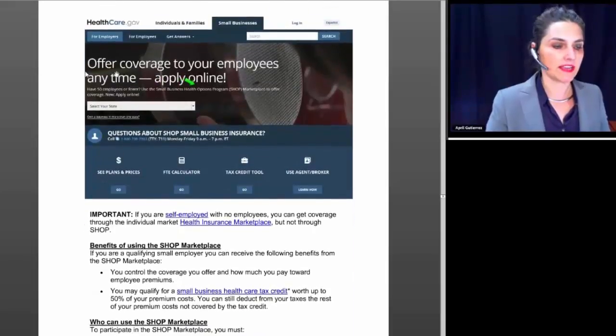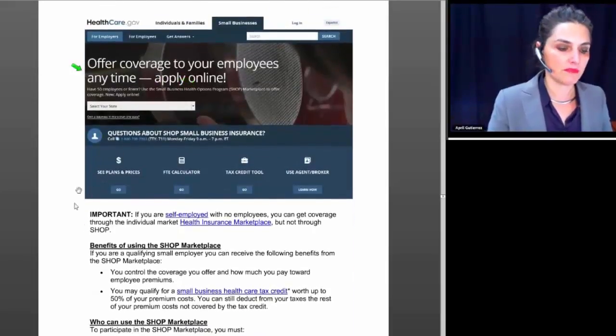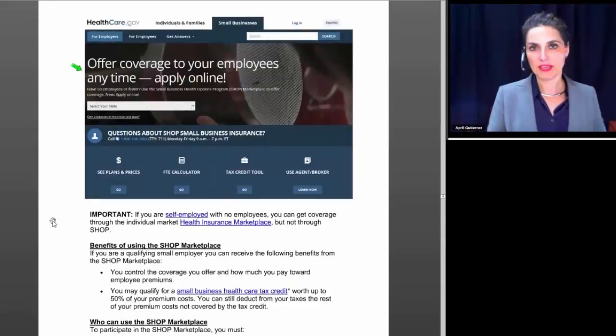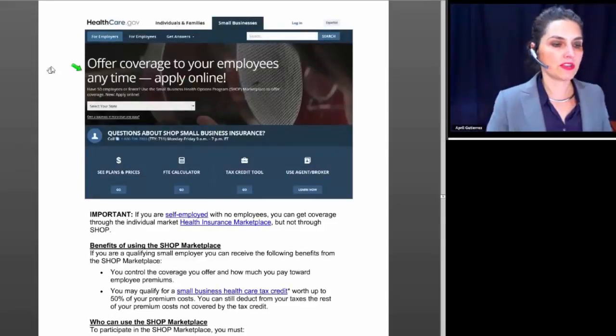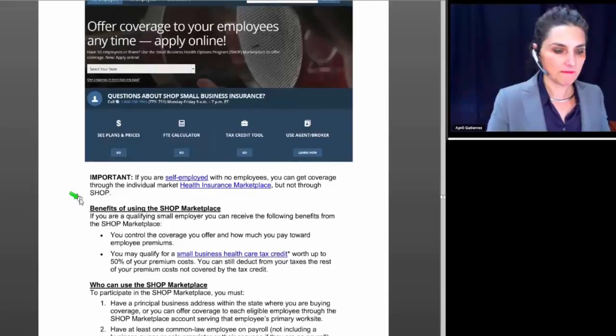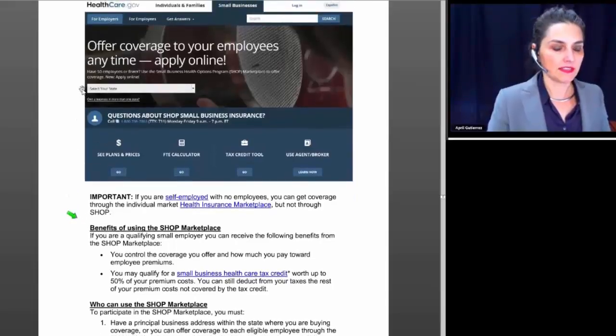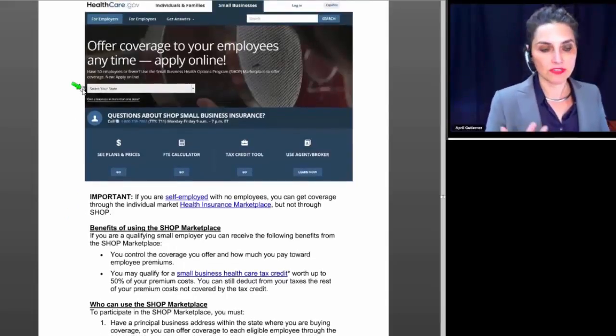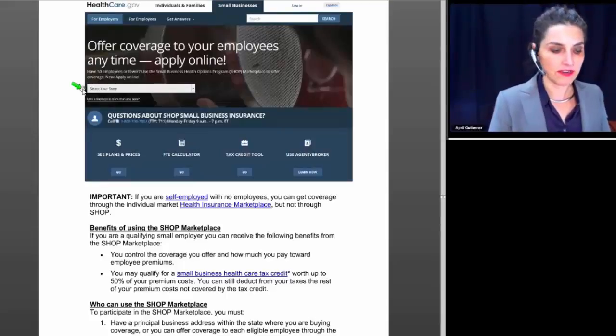I've basically done a cut and paste for you here of the most current landing page of the healthcare.gov website. So if you go to healthcare.gov and then click on the Small Business tab at the top, this is the page that you're going to see. And you can see that it says select your state. You would select the state that the employees are in and then follow through with the other prompts.